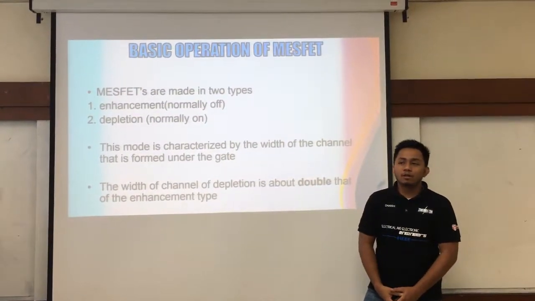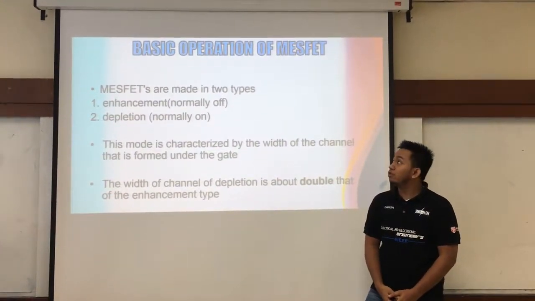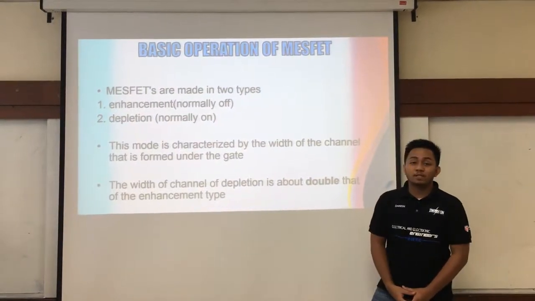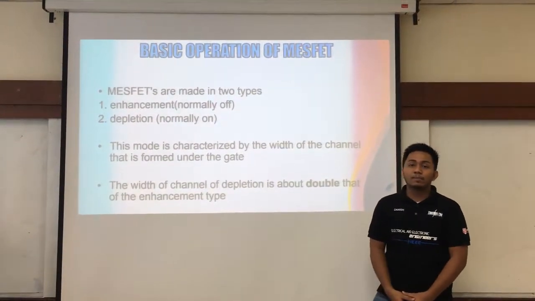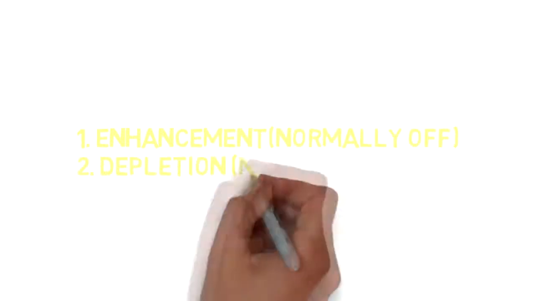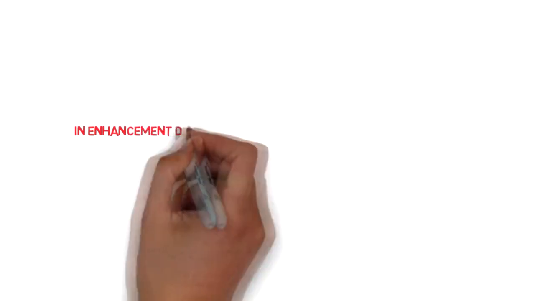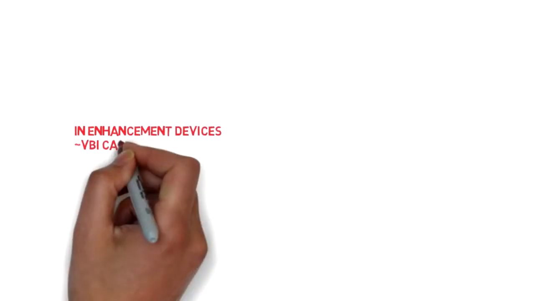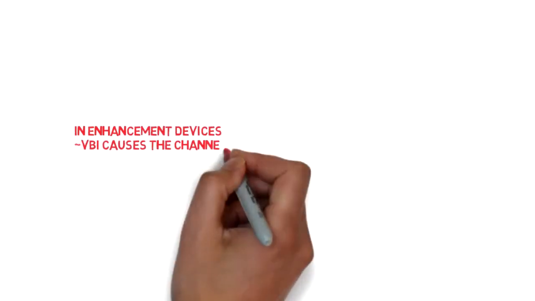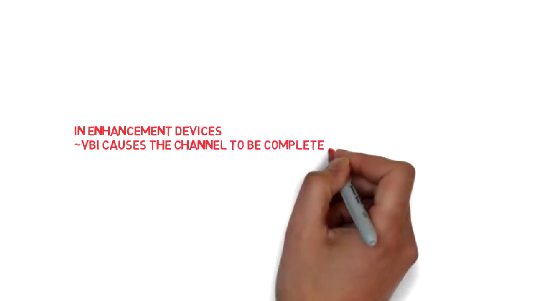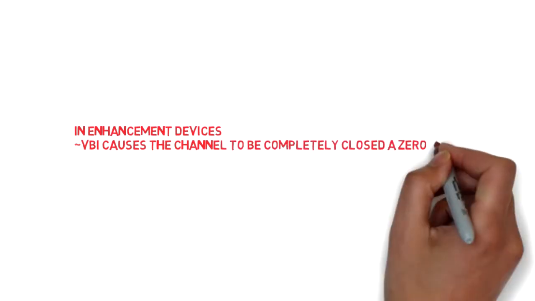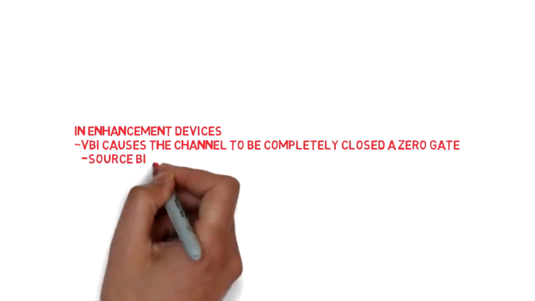Today I'm going to present the basic operation of MESFET. MESFETs are made in two types: enhancement, which is normally off, and depletion, which is normally on. In enhancement devices, the built-in voltage causes the channel to be completely closed at zero gate-source bias. Voltage drain is equal to 0 and it requires a positive gate voltage.